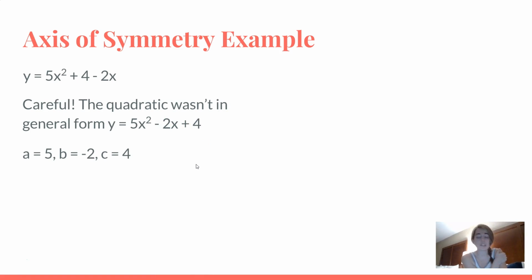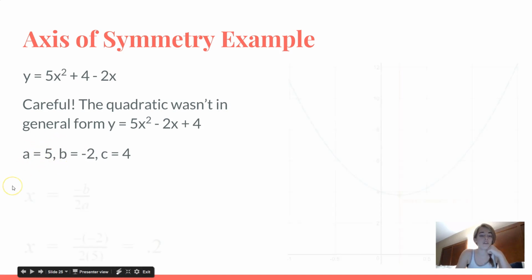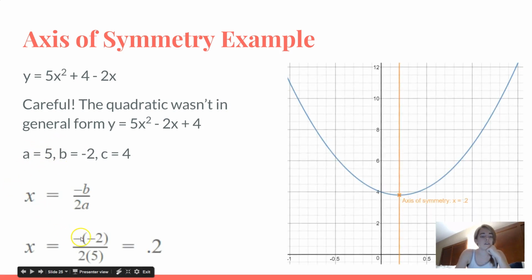Throw this into that equation that I taught you on Thursday, x equals negative b divided by 2a. Well, the opposite of b, so we're looking at this b here, the opposite of that is 2. And we're going to divide that by 2 times my a value. Opposite of b is 2. 2 times 5 is 10. 2 divided by 10 is 0.2.